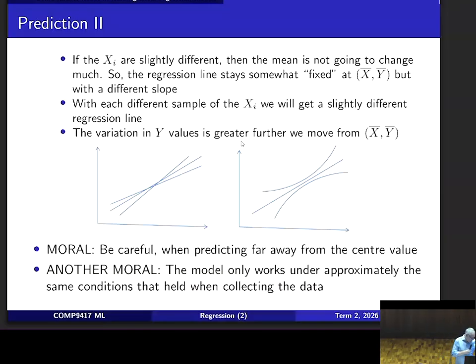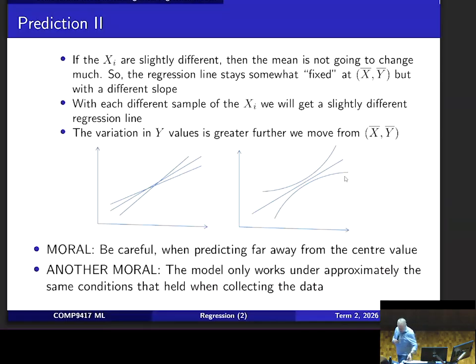Okay, so here are different models that are a consequence, and then the further away you get, the less confident you can be. So further away from the mean value, you need to be a bit careful.